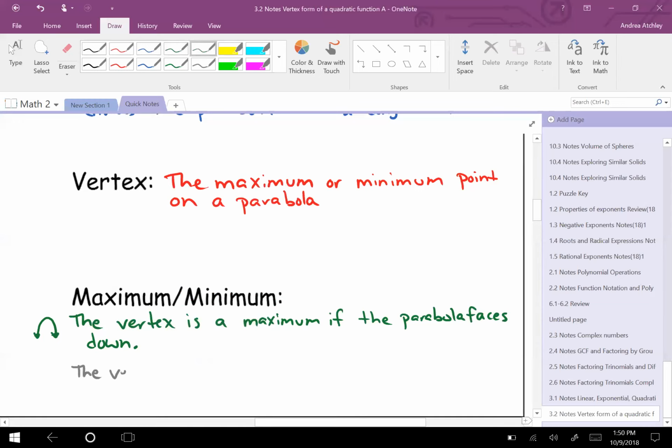The vertex is a minimum if the parabola faces up.